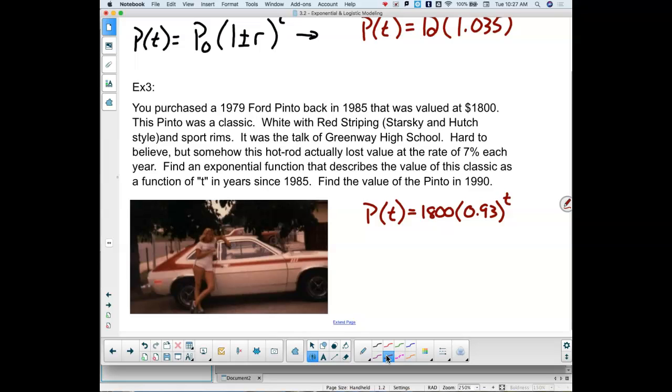Right? Because we can do that, 1 minus 0.07. And then what did we get for a value in 1990? $1,252.24, because we can go out to the cents on this one because it's money.